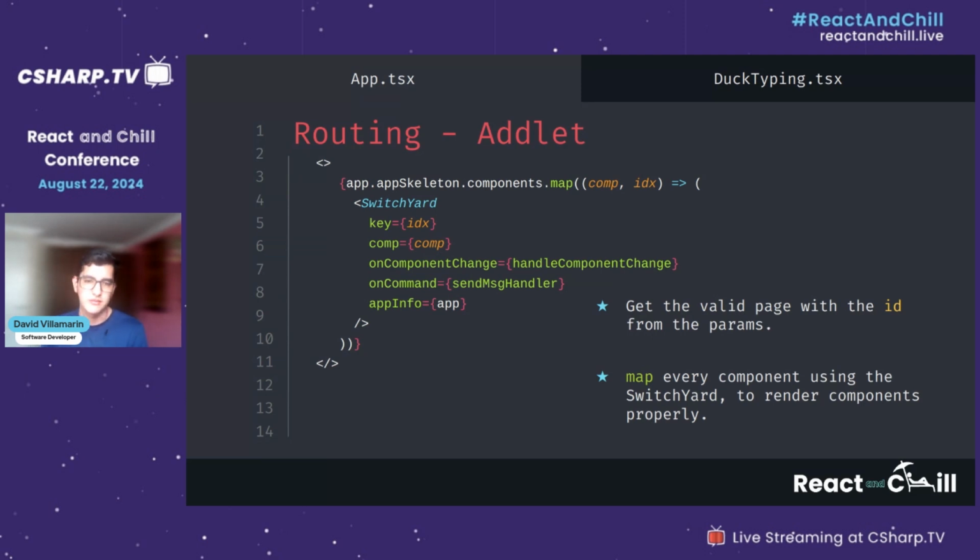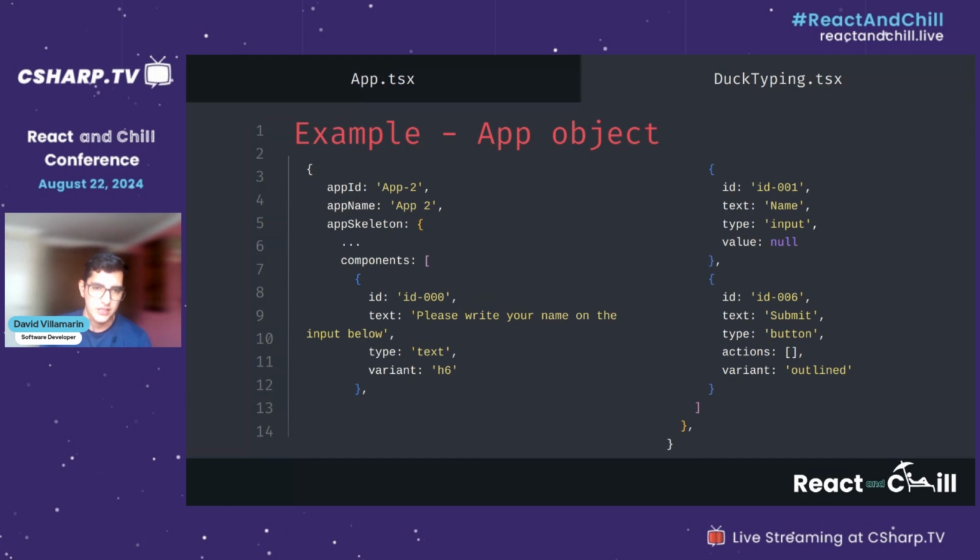So depending on what properties, on what objects I have here in the components array, of course, I'm going to render different things on the application. So let's see an app object, basically.